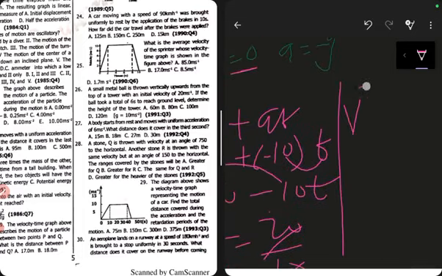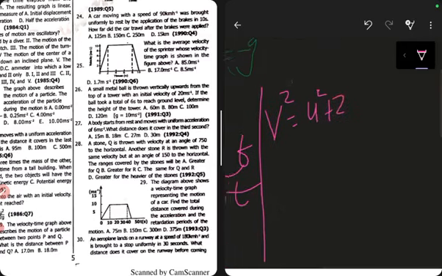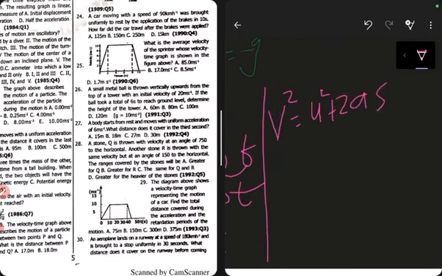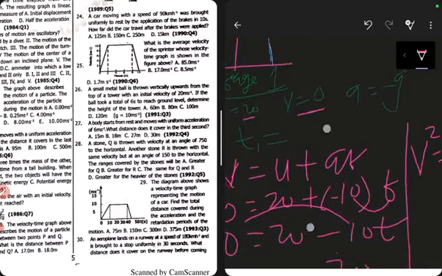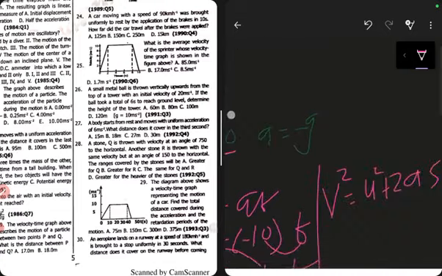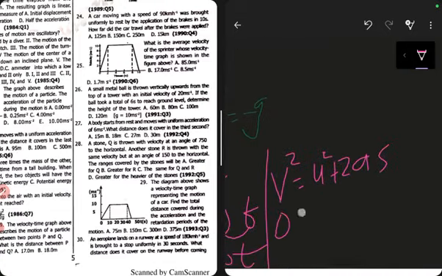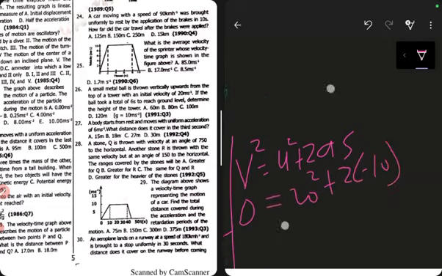So v squared is equal to u squared plus 2as. For the first stage, remember, is when it got to maximum height. So at maximum height, v is 0, u is 20, squared, plus 2 times a, which is minus 10, times s.